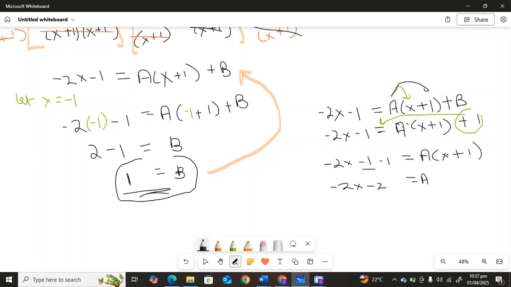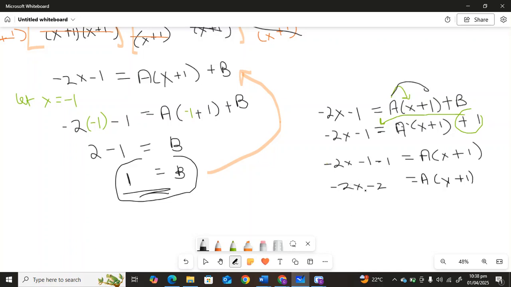Oh, this one here. Okay, minus 1. On our left hand side, we can factorize this here.